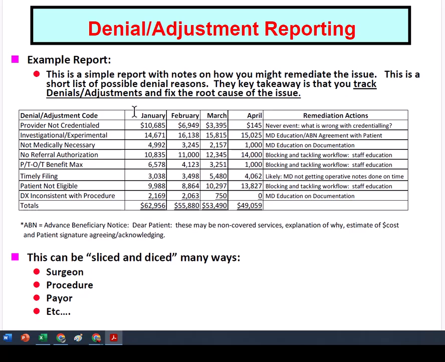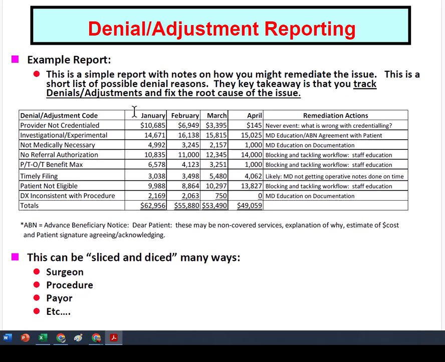And there's literally, I think, like 95 different distinct adjustment codes, denials or adjustments. Why the payer adjusted this, didn't pay full contract. Why they denied it, why they didn't pay full. And you work those reports to then fix what the root cause is that's causing that denial.